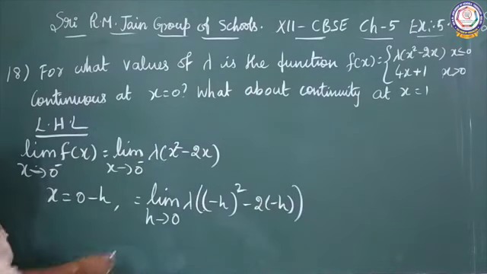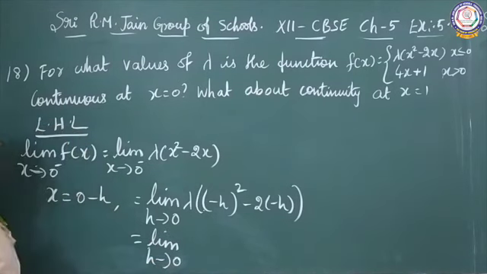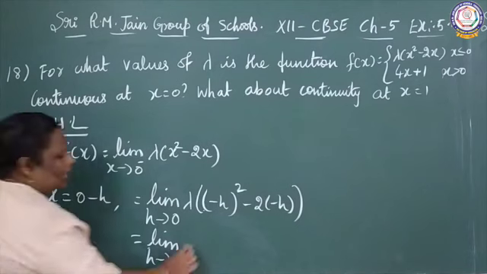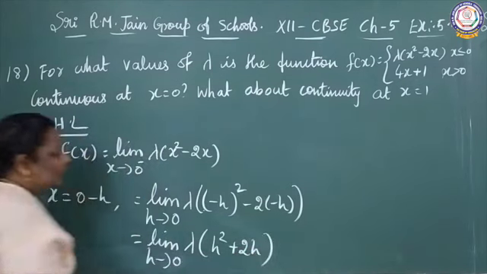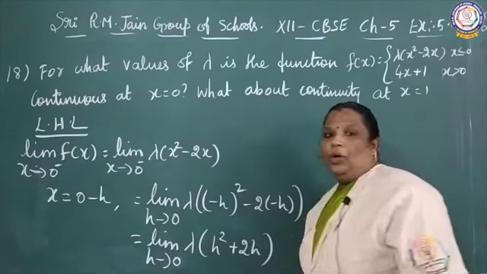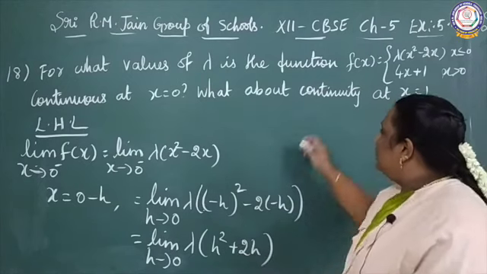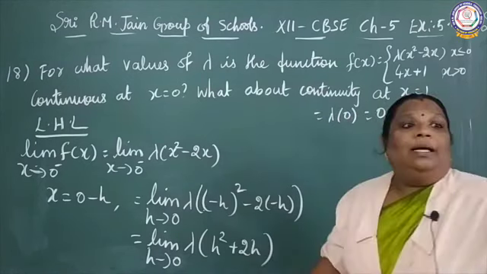That is limit h tends to 0 of lambda h square plus 2h. Applying h tends to 0, what value are you getting? Lambda into 0, the value is 0.